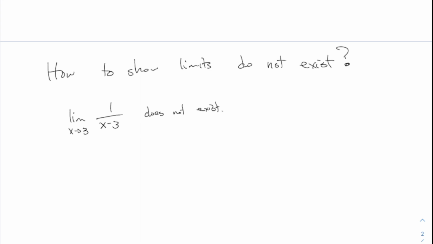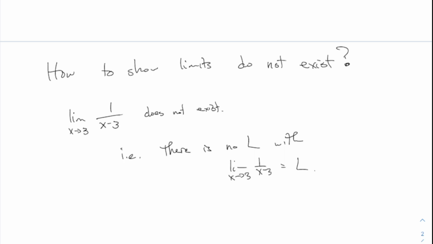What that means really is, i.e., there is no L with lim x goes to 3, 1 over x minus 3 equals L, right? That's what I mean when I say the limit does not exist. There is no number which equals that, all right? But to demonstrate that involves negating the definition of a limit.